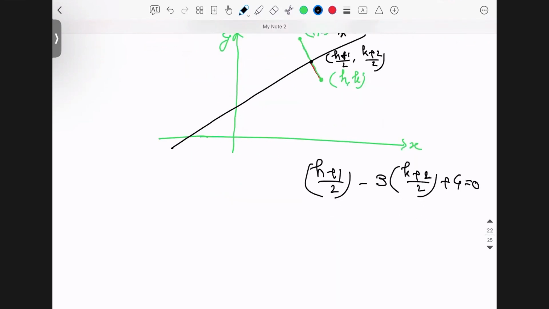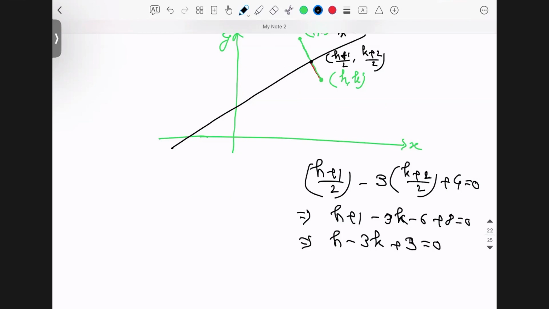If I simplify this, what will we get? h plus 1 minus 3k minus 6 plus 8 equal to 0. This will give us h minus 3k plus 3 equal to 0. One equation we obtain is this one.